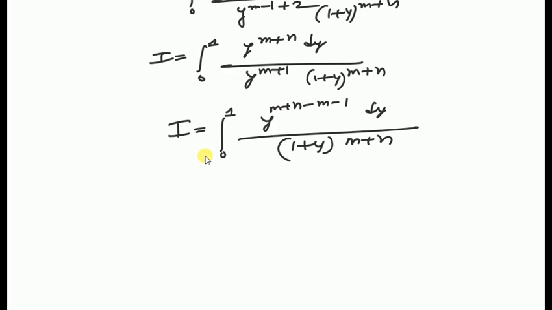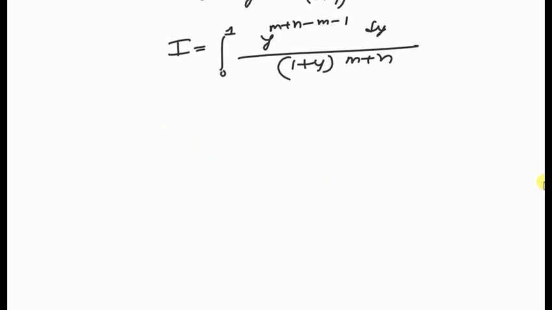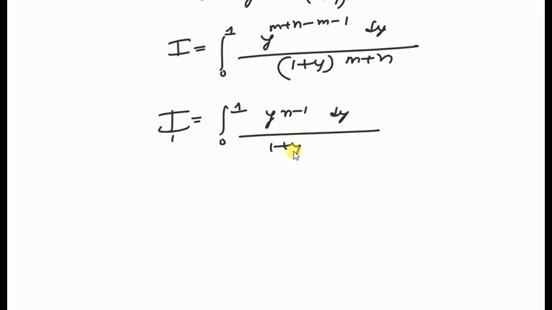So with that what I left here, I will be equal to 0 to 1 y power n minus 1 divided by (1 plus y) whole power m plus n.